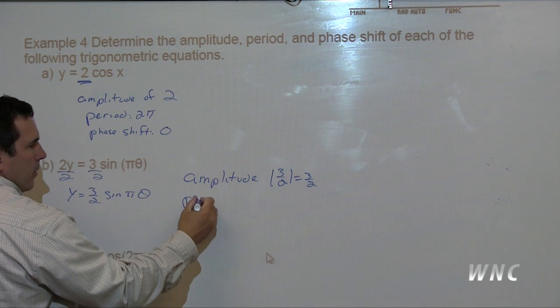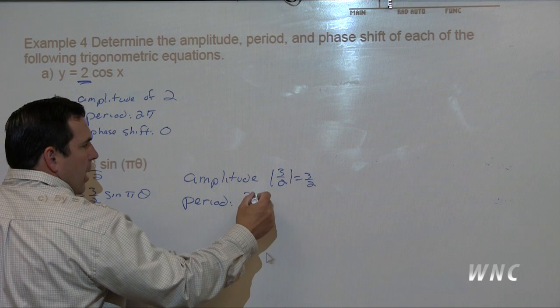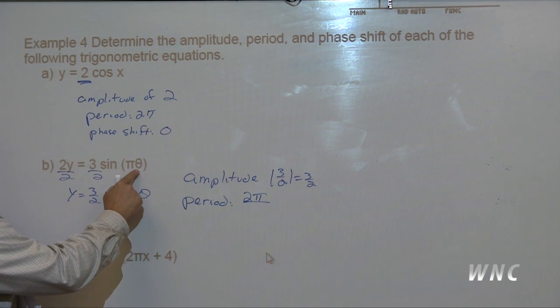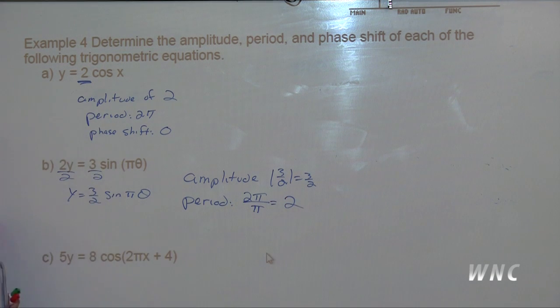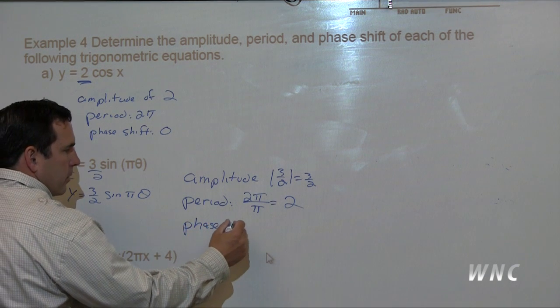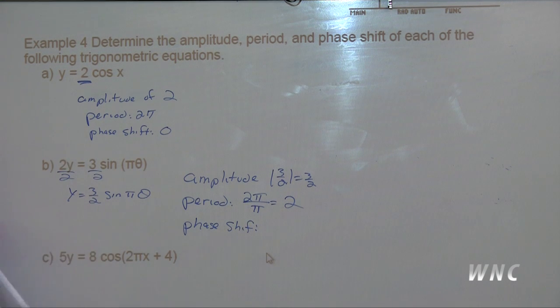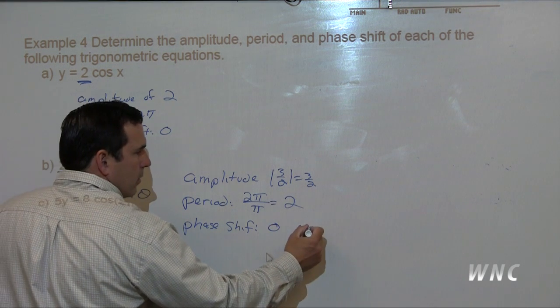Our period is going to be 2 pi divided by the coefficient for the variable theta. 2 pi over pi, that's just 2. This is a period of 2. And our phase shift, well, there's no c, so the phase shift is 0. No phase shift.